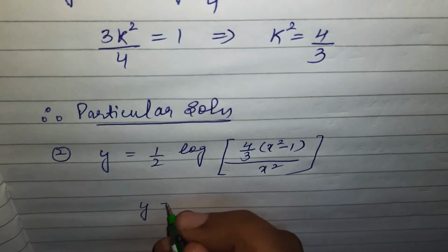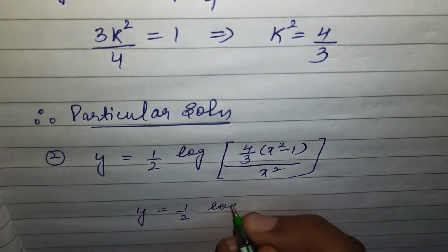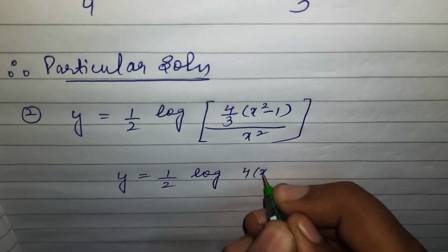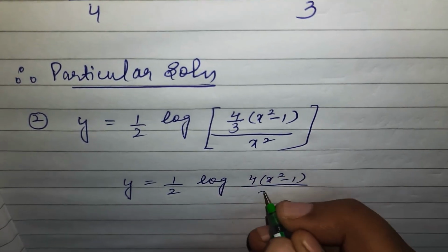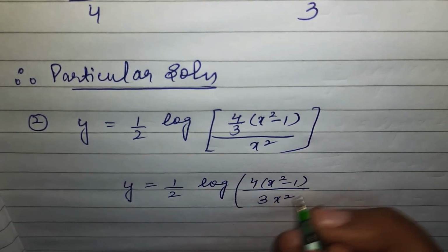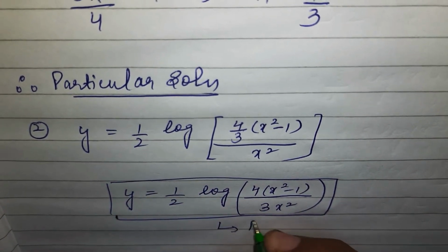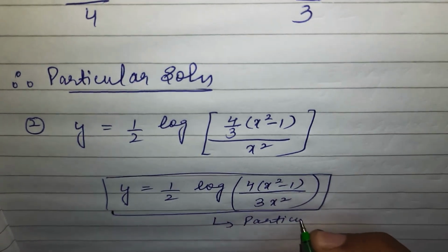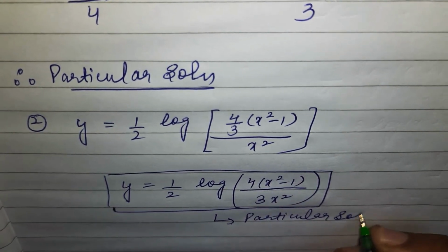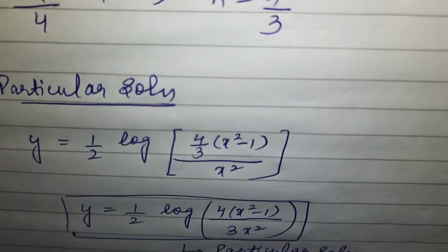So I am getting y is equivalent to 1 by 2 log of 4 (x square minus 1) upon 3x square. So this will be your particular solution.